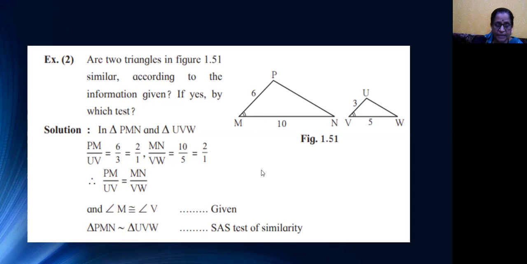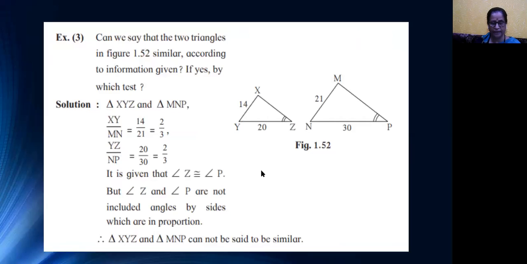In the next example, we are going to see whether these two triangles are similar or not. Triangle XYZ and triangle MNP are given. XY is 14 compared with MN, which is 21, and YZ is 20 compared with NP, which is 30.